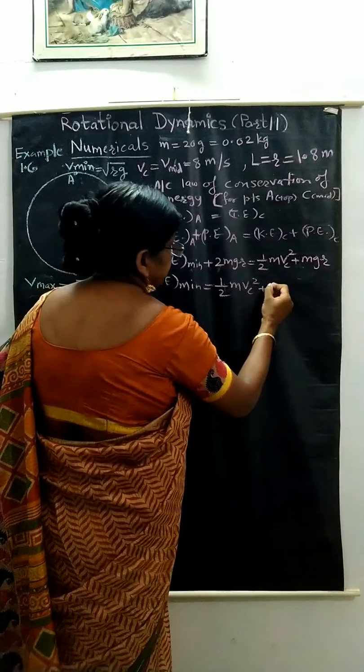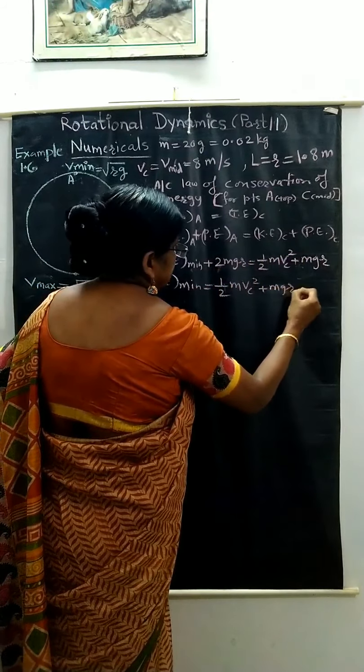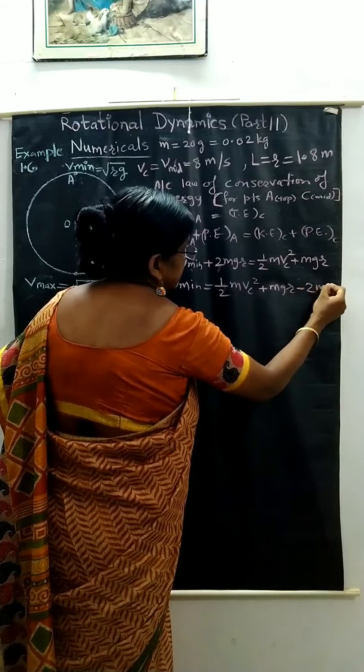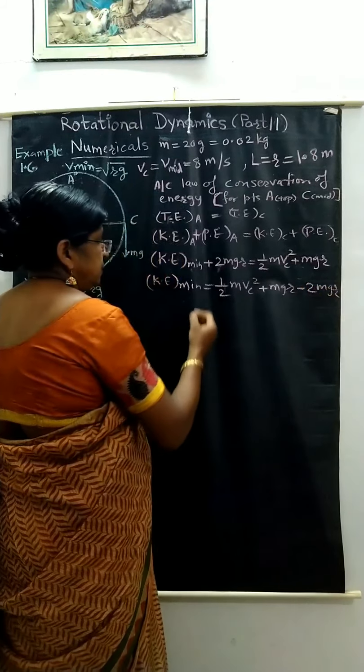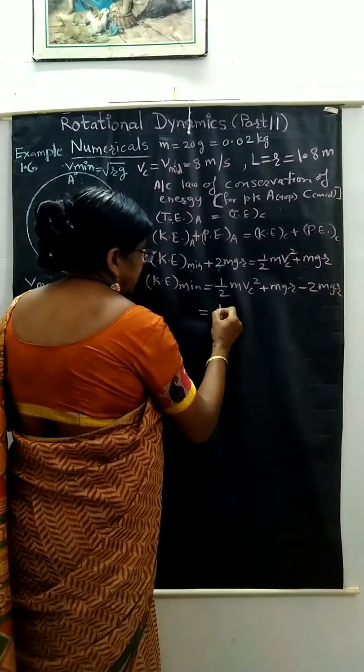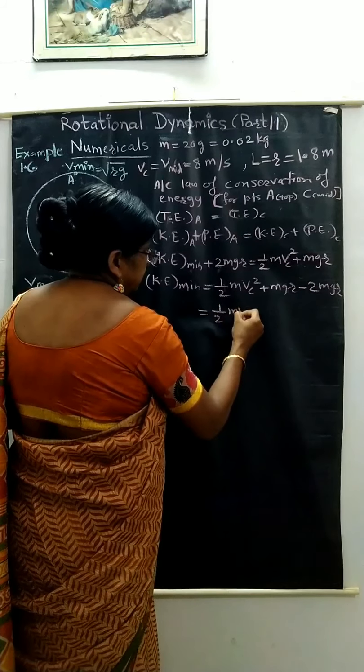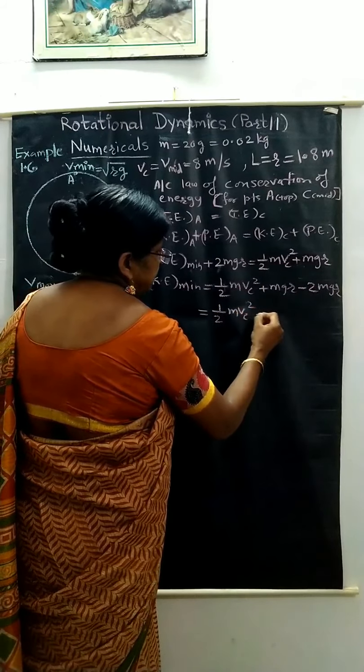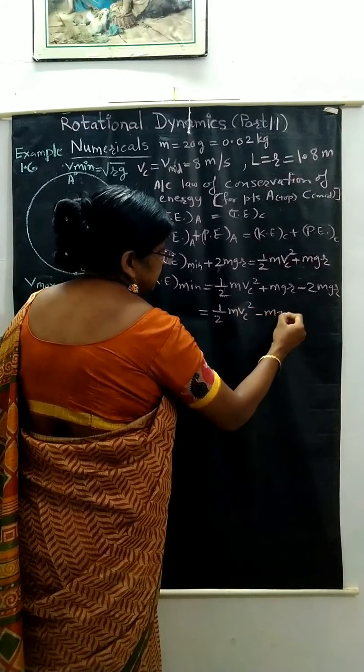So it will give plus mgr minus 2 mgr, means minus mgr. So it will give us half m Vc square minus mgr.